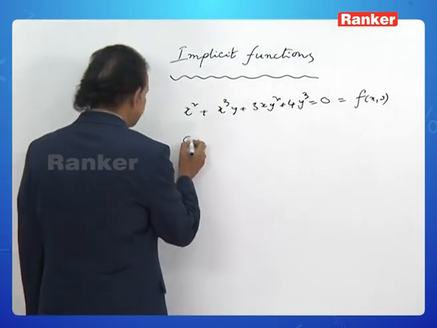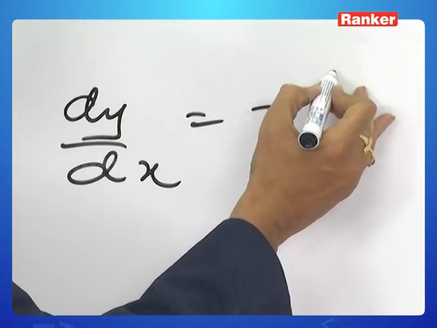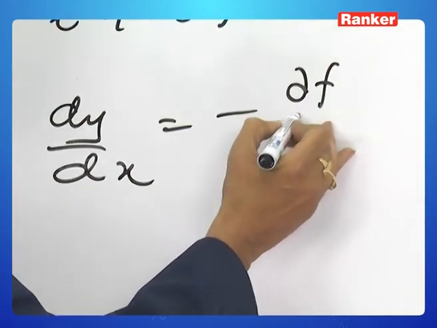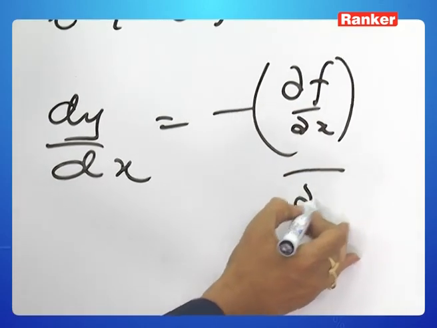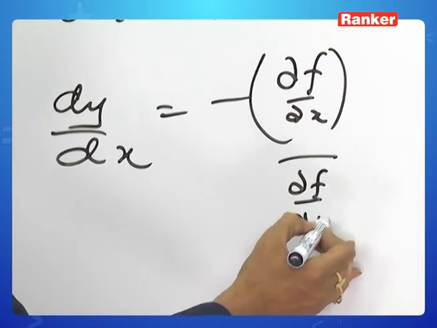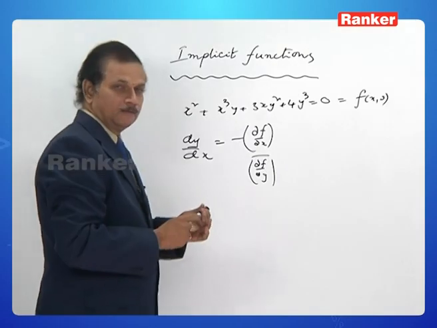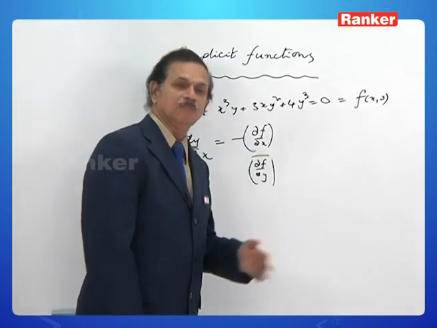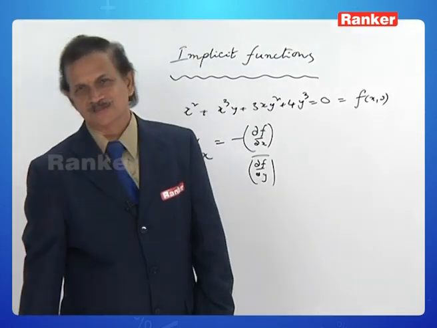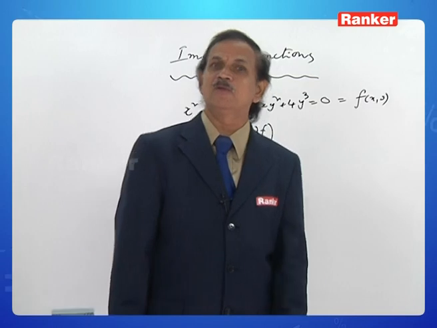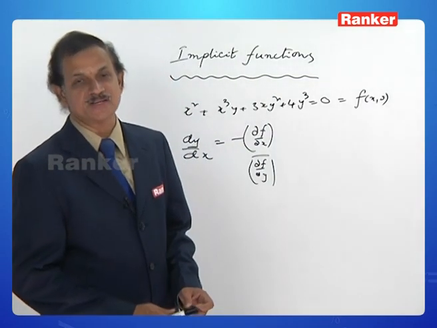It is given that dy by dx is equal to minus dou f by dou x divided by dou f by dou y. Let us get acquainted with this symbolism. What is meant by dou f by dou x? What is meant by dou f by dou y?